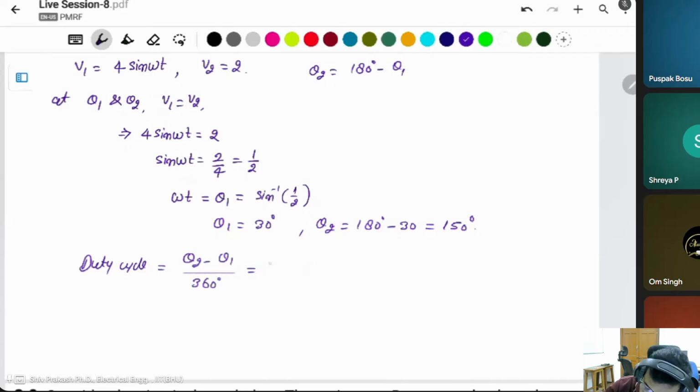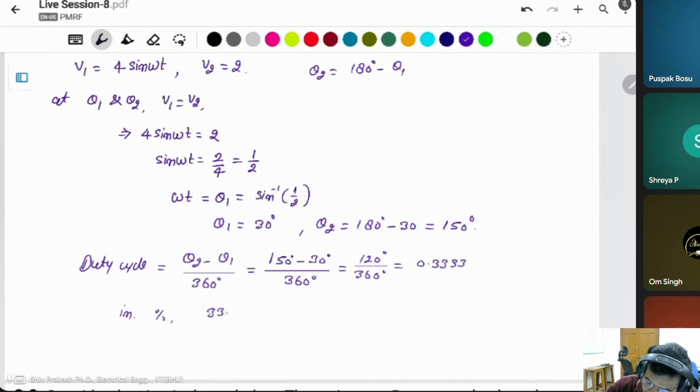Sorry, this is 150 minus 30 degree divided by your 360 degree, which is equal to 120 degree divided by 360 degree, which is 0.3333. If you want the duty cycle in percentage, this will be 33.33%.